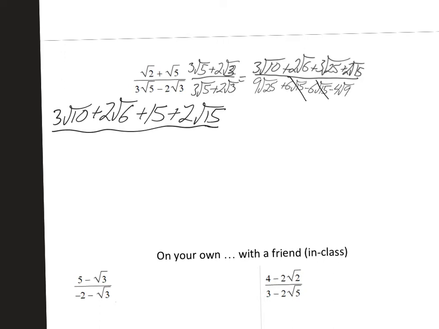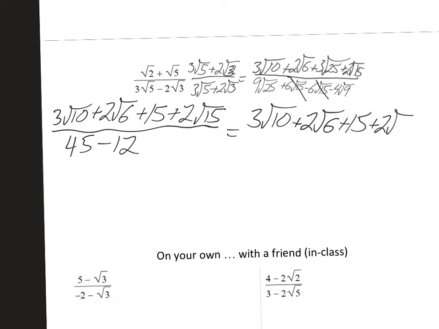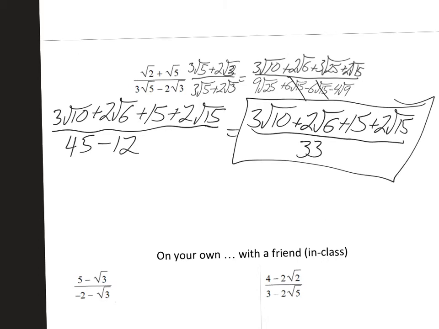So 9 times 5 is going to give me 45. And then 4 times 3 is going to give me 12. So my final answer is going to be 3 radical 10 plus 2 radical 6 plus 15 plus 2 radical 15 over 45 minus 12 is 33. Okay, so that is my final answer for that one.